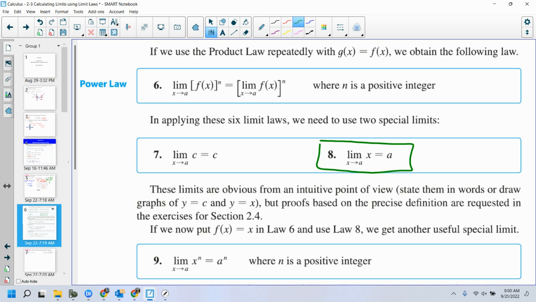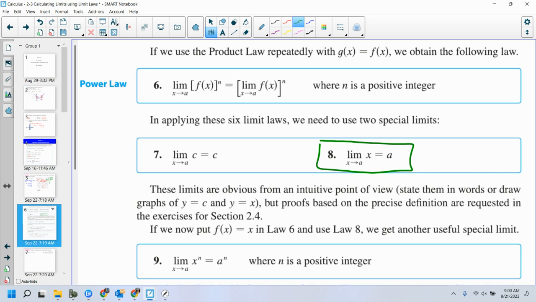As I make x any value a, so x going to 3, well, then on the diagonal line, as I get closer and closer to 3, the y value gets closer and closer to 3 as well, right? But that is going to be a very powerful statement when we start applying other rules.